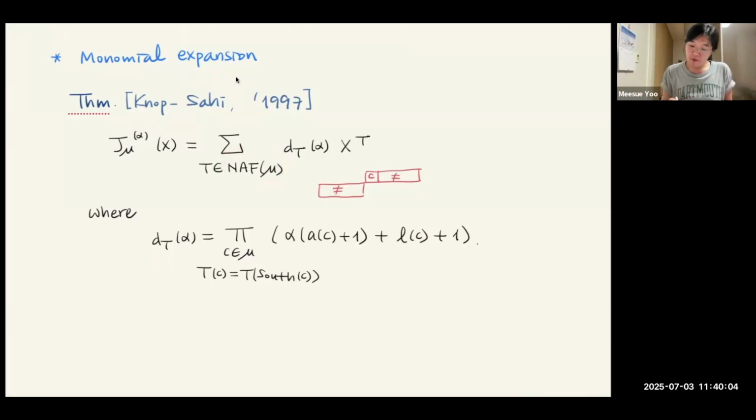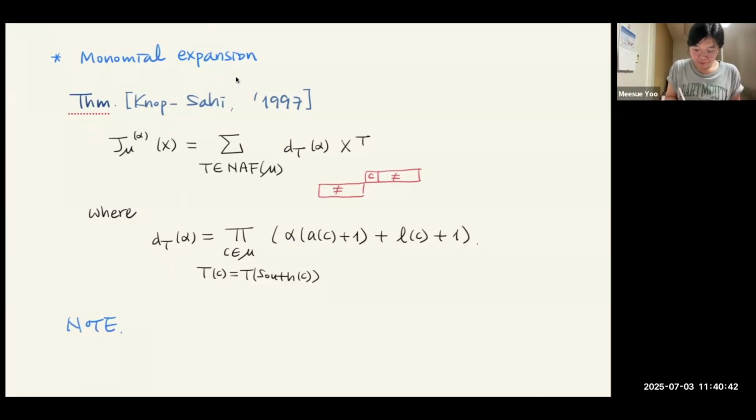And over those fillings, you compute these factors over all the cells of mu, such that the filling value of c is equal to the filling value below cell c. You multiply those factors and add them up, then they will give the monomial coefficient. So you can see that they have the alpha positivity in the monomial expansion, but let me note that they are not Schur positive.